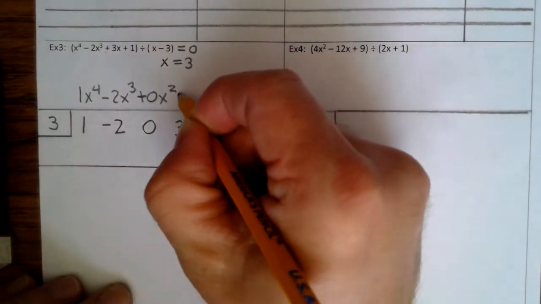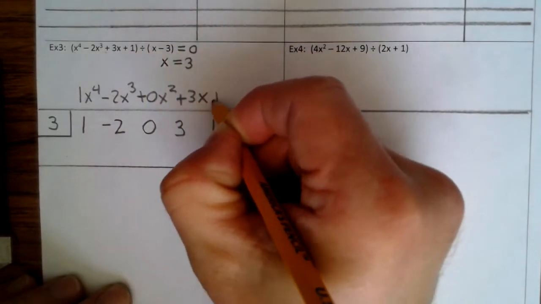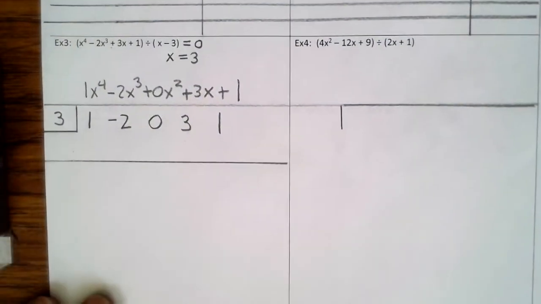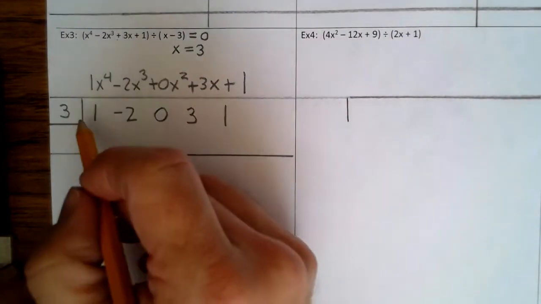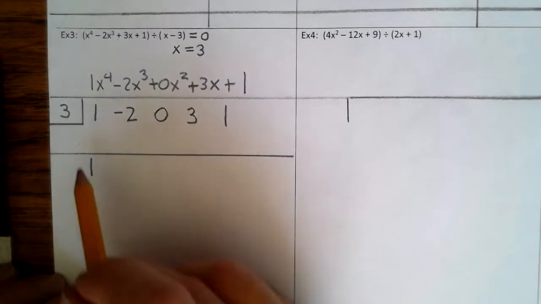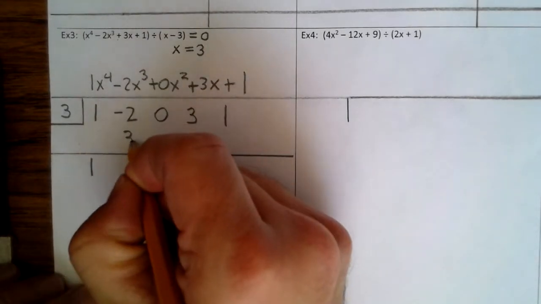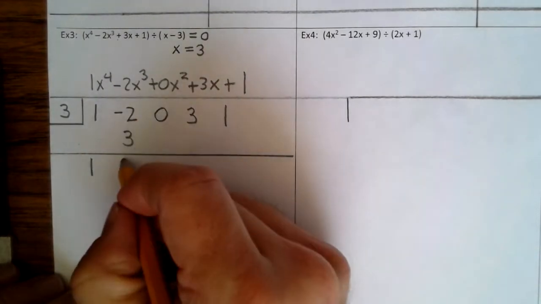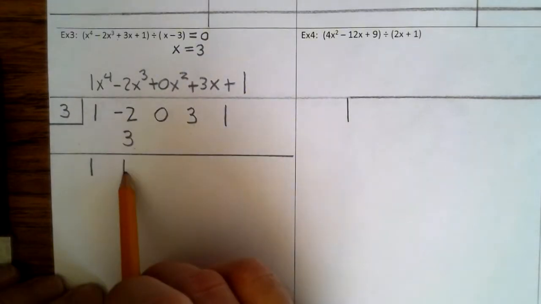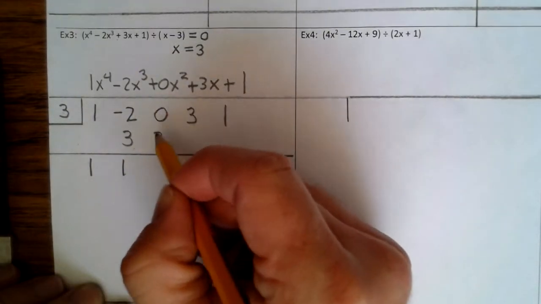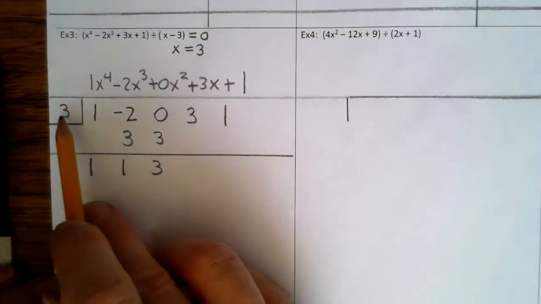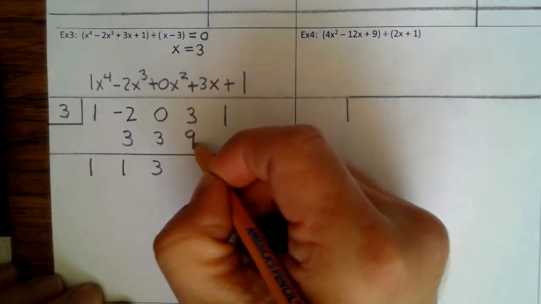Okay, so now in synthetic division, you bring down the first term, then 3 times 1 is 3, -2 and 3 combine to be 1, 3 times 1 is 3, 0 and 3 is 3, 3 times 3 is 9, 3 and 9 is 12, 3 times 12 is 36, 1 and 36 is 37.